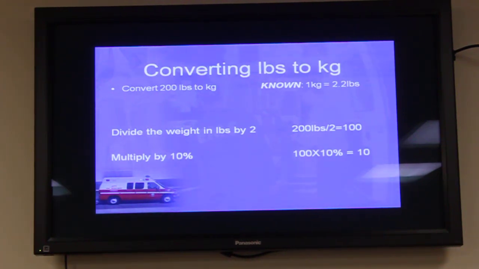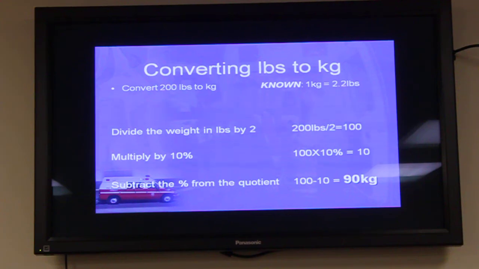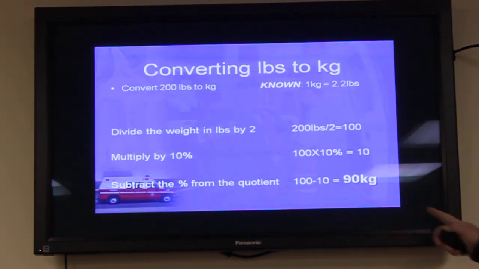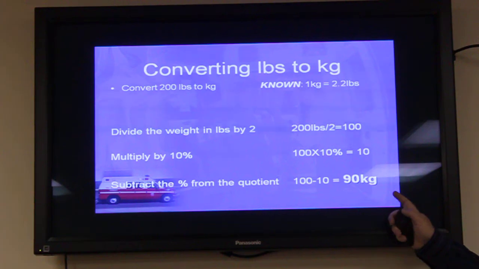We need to multiply by 10%, so 100 times 10% equals 10, and then subtract that from the quotient. 100 minus 10 equals 90 kilograms. A 200-pound patient equals 90 kilograms, and that is what our weight-based medicine is based on.